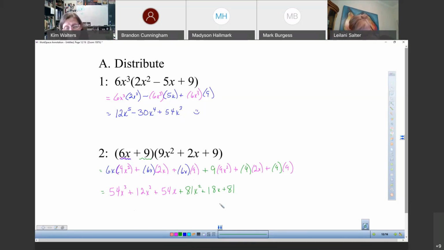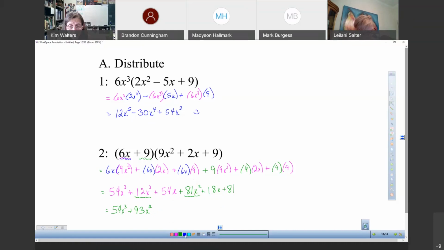And now I'm going to collect together my like terms. So again, I don't have anything that's like this x to the third. So I'm just going to write down 54x to the third. I have a 12x squared and an 81x squared. And so when I add those together, 12 plus 81 is 93x to the second power.